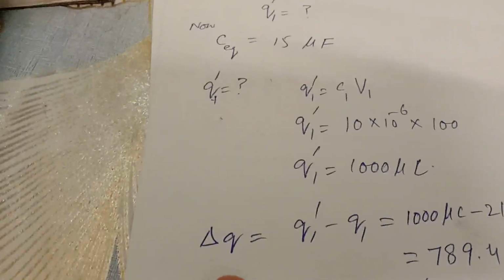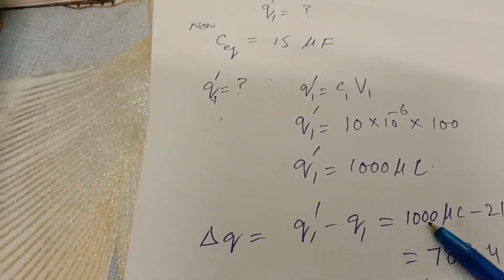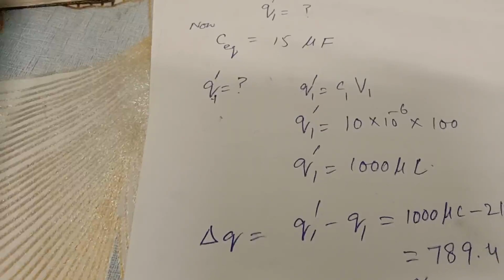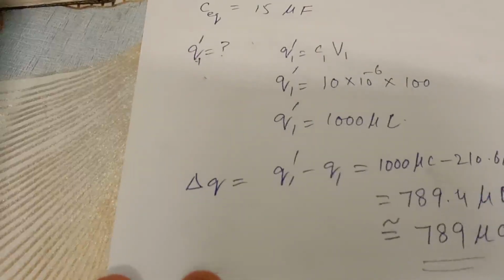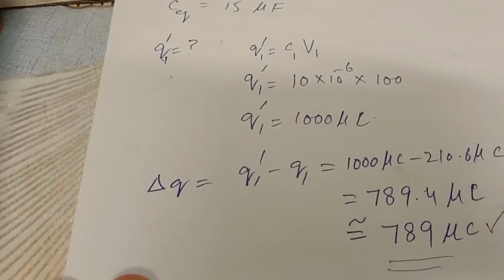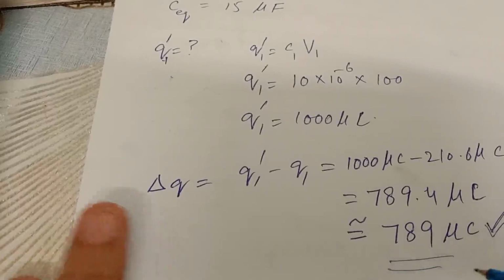We just subtract. The change in charge is final minus initial: 1000 microcoulomb minus 210.6 microcoulomb comes out to 789.4 microcoulomb, which can be rounded to 789 microcoulomb. So the increase in charge across C1 when C3 is removed is 789 microcoulomb.